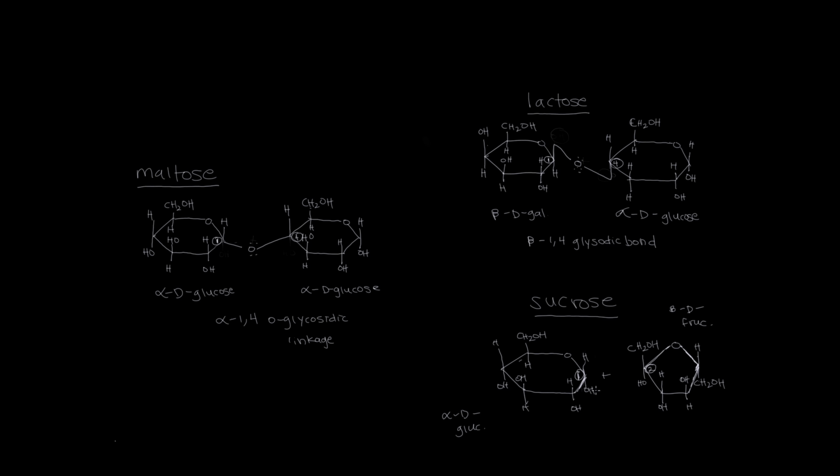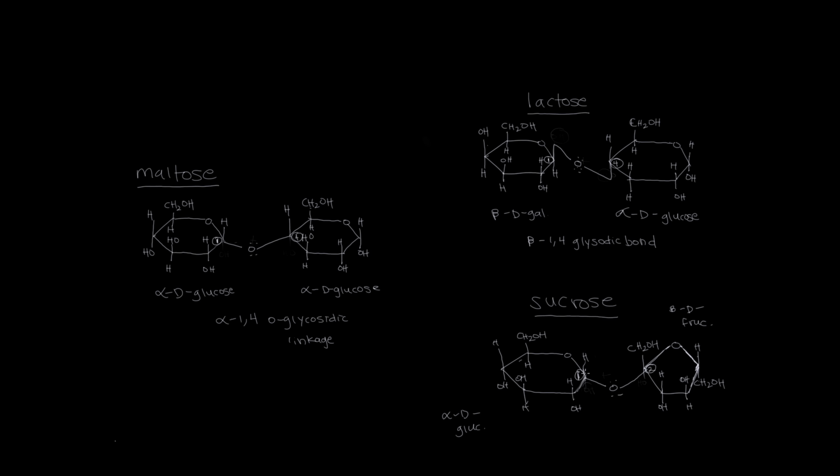And so it's going to be the same thing. We're going to take this hydroxyl group, and we're going to make a water molecule with that adjacent hydrogen. But remember, we have that leftover oxygen, which is going to provide a linkage between these 2 molecules. And we again have 2 lone pairs.